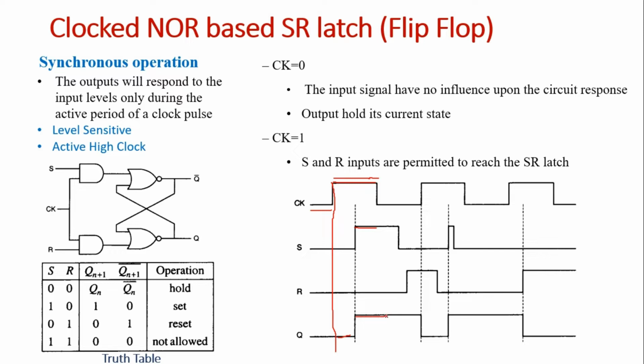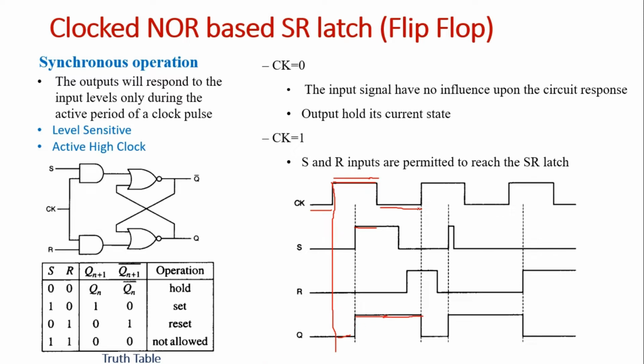Now it will remain high until there is a change in operation during the next high clock pulse, or within this particular clock pulse. As there is no change in the input, it will remain high until there is a change in the next active high clock pulse. So again we have a 0 over here, so there is no influence on the output and therefore the output will remain 1.